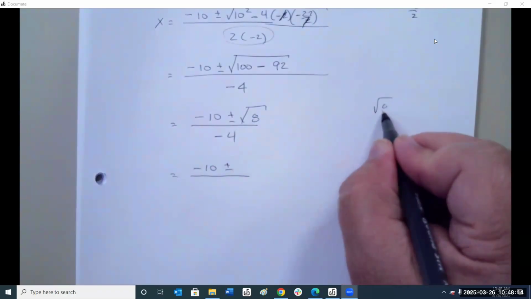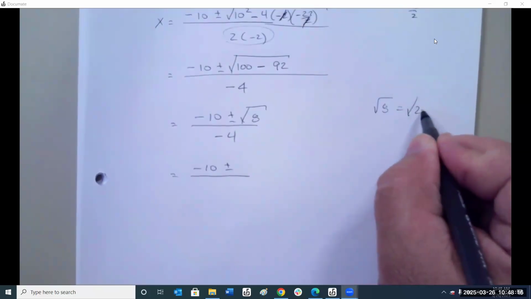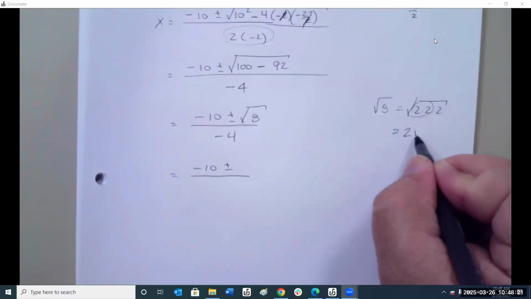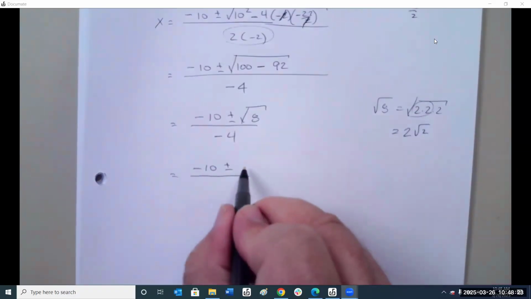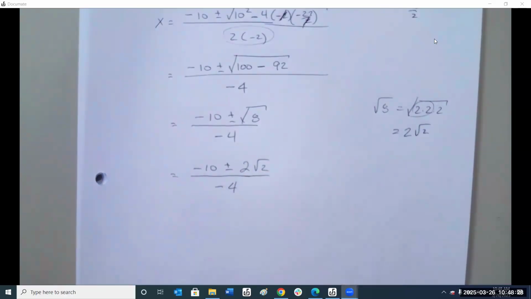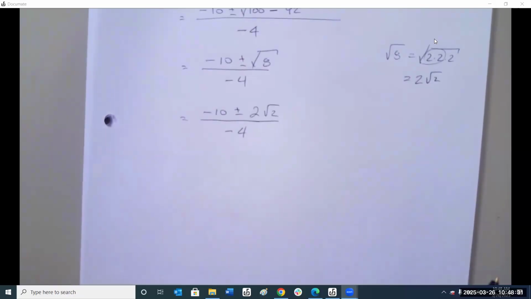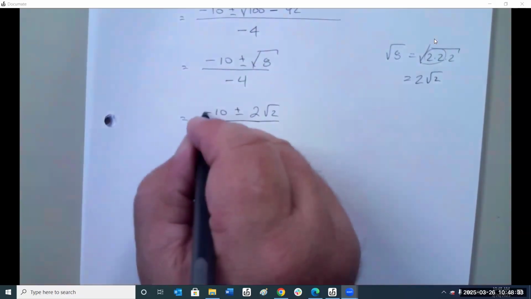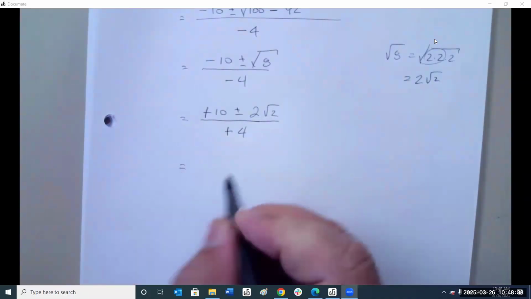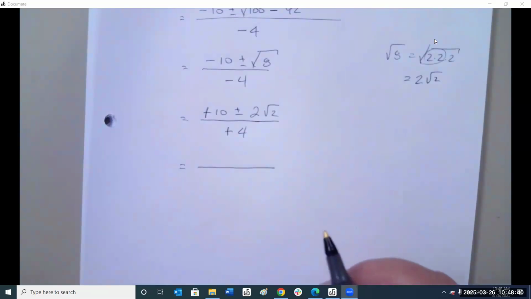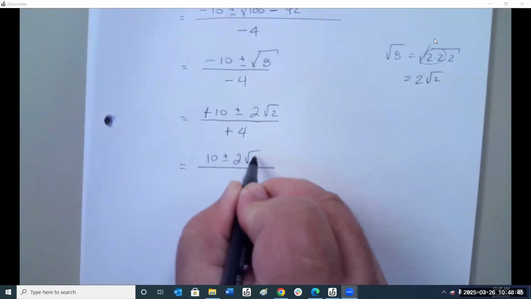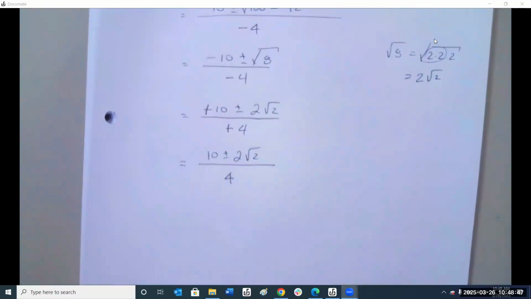Again, 8 is made up of 2 times 2 times 2, and since there's a pair of those, it's 2 square root of 2. The negative and this negative cancel. So we have 10 plus or minus 2 radical 2 over 4.